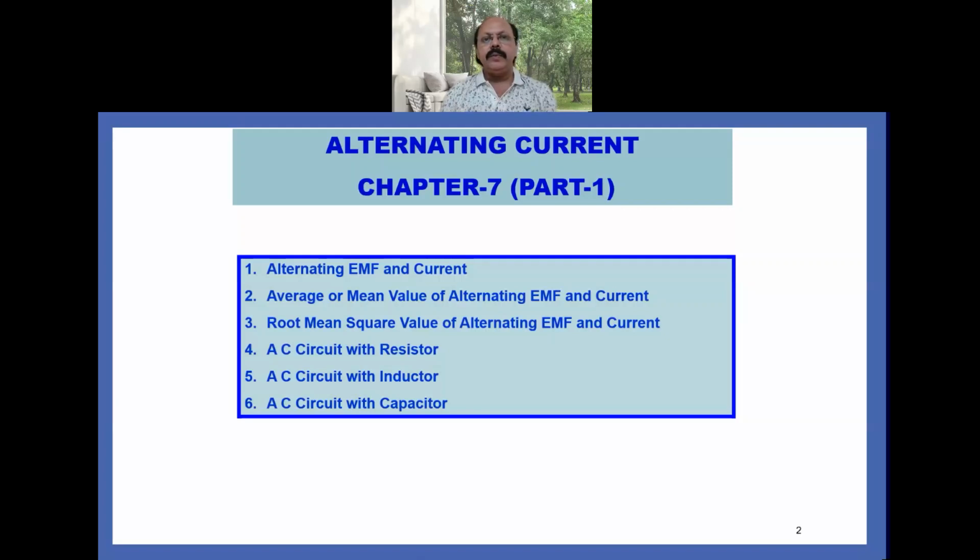After that, root mean square value of alternating EMF and current, then AC circuit with resistor. After that, AC circuit with inductor, and at last AC circuit with capacitor.